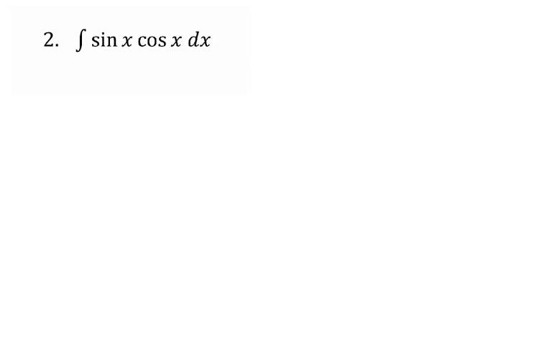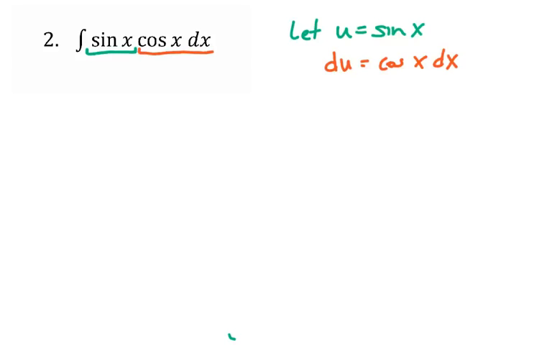So I don't have a negative floating around, so I think I'm going to go with that first choice we just discussed, which was if we choose u to be sine, let's go ahead and do that, then the derivative of sine taken with respect to x would be just cosine of x. And this works out really well because that's exactly what we've got left over. So not all u subs work out quite this nicely, but when they do, we'll take them.